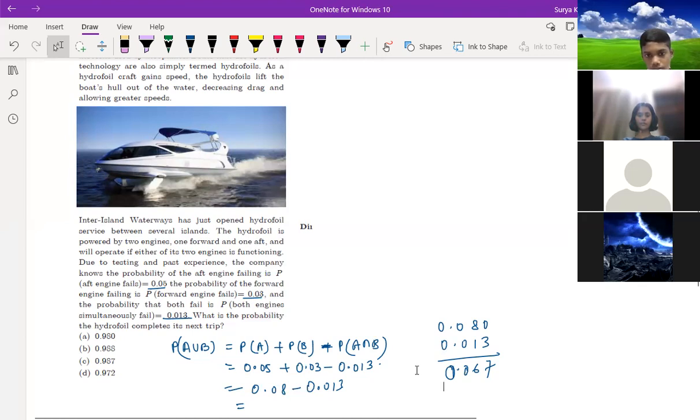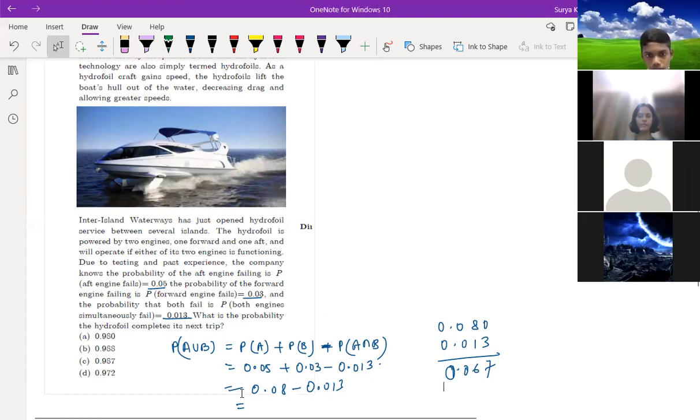Drishi, you were telling something about what we can do further. Sir, in the question, they told that it will work if any one of the engines is working, so it will not work only if both engines are not working, and that probability is given as 0.013. And they're asking the probability that it will complete its trip, so that'll be 1 minus 0.013.